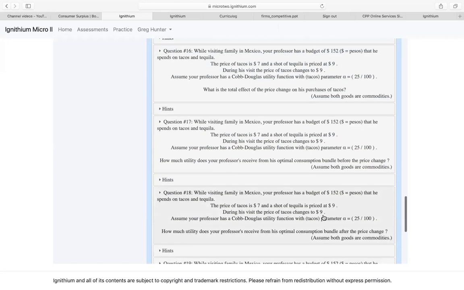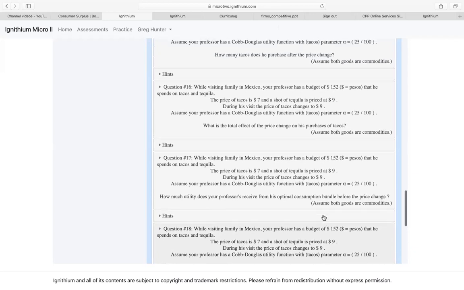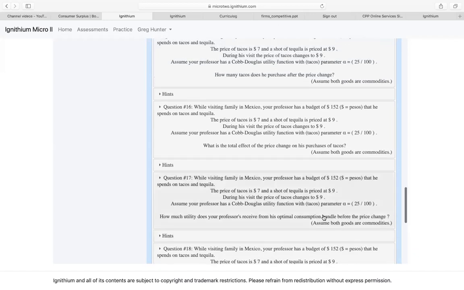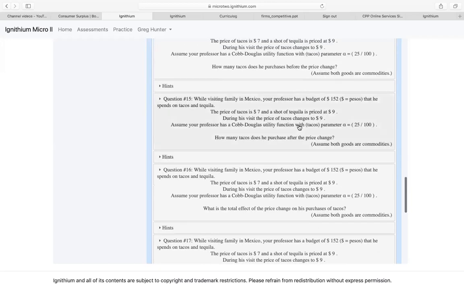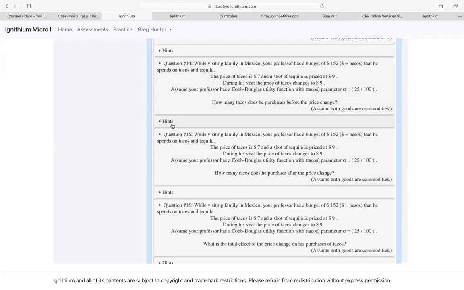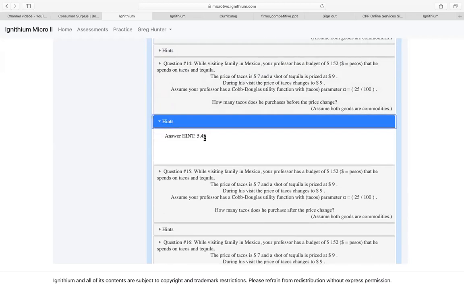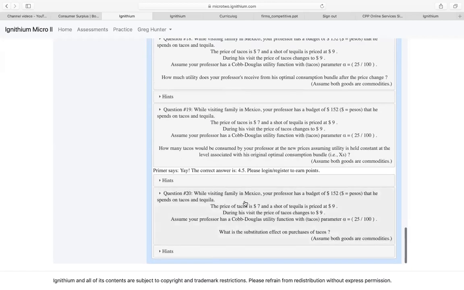So it says, what's the substitution effect on the purchase of tacos? Well, we know we went from X0 to XS. How many tacos before the price change? So 5.43, okay. And then we go to 4.5.